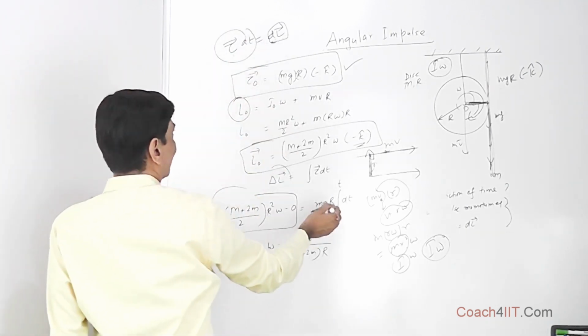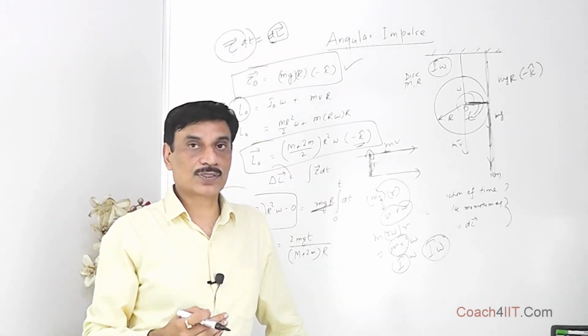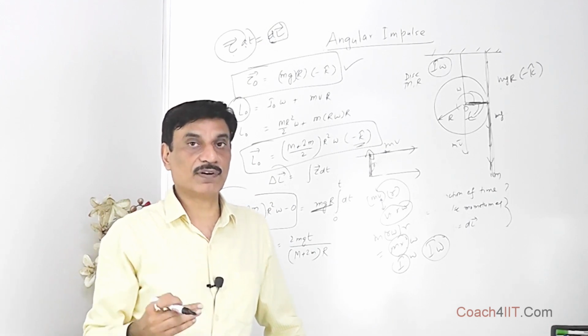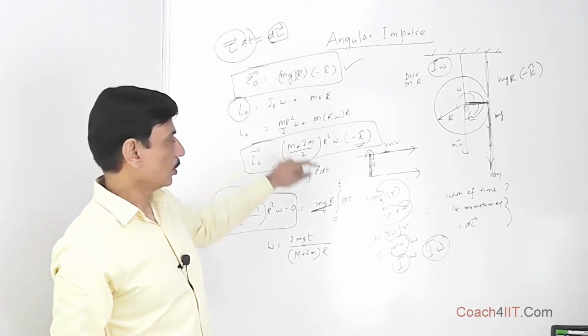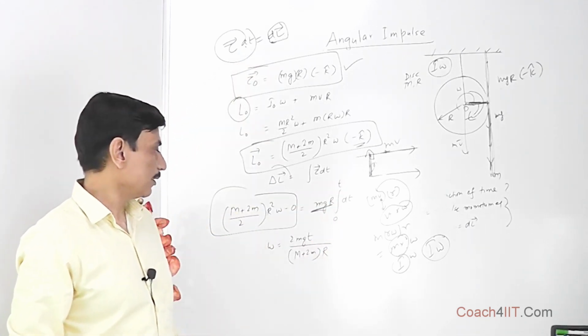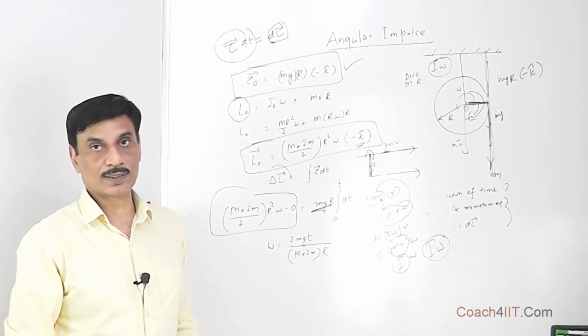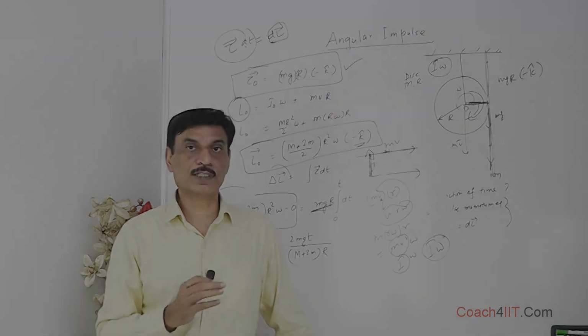Torque is mgR, and we integrate dt from 0 to t. Once it is released from rest, we intend to find omega as a function of time. So we integrate mgR dt from 0 to t, and from here we get omega as 2mgt over (M plus 2m) times R. This way we can use the angular impulse momentum equation.